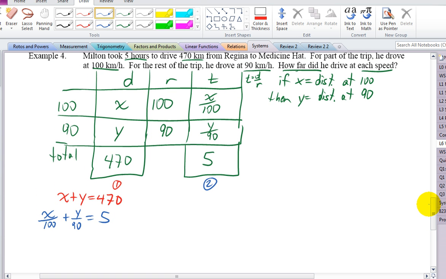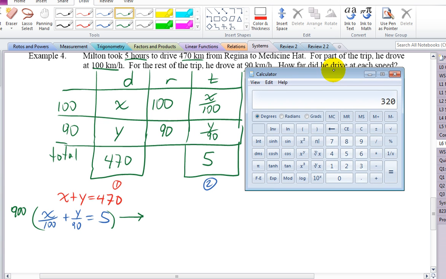So, what should we do to get rid of those fractions? Multiply by what? 100, 90, 900. Multiply by 900. So really, you're going 900 divided by 100 on your calculator, because we know we can't do math. 900 divided by 100, 9.